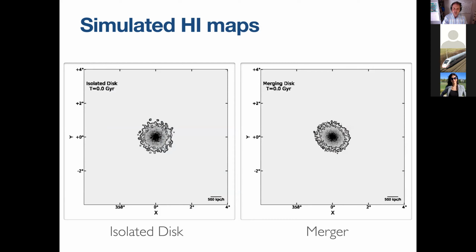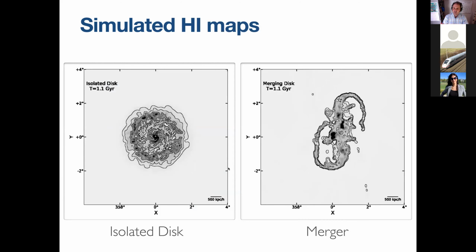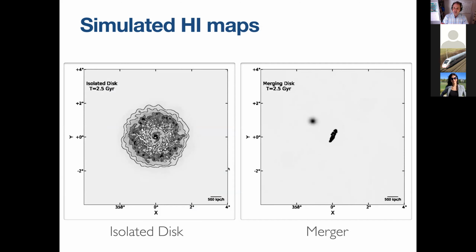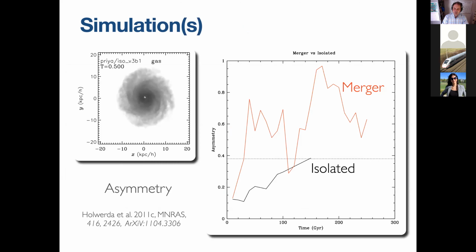So you have an isolated disk that just sat there for 3 gigayears, and then merging disks, same initial conditions, but now you throw a galaxy at it, right? And so the H1 morphologies are radically different. You see that the isolated disk stays, for instance, with a low asymmetry, and then the asymmetry spikes as the merger happens.